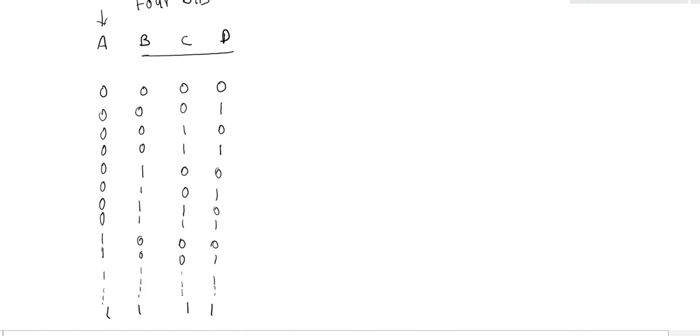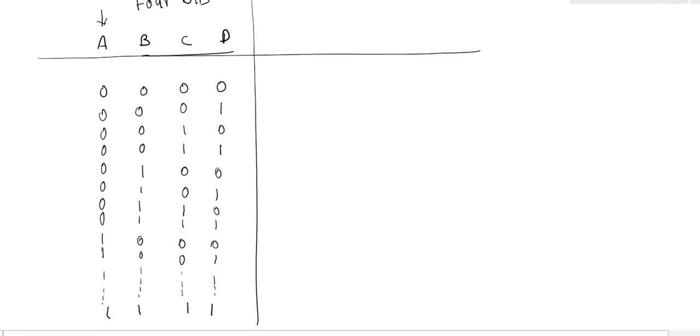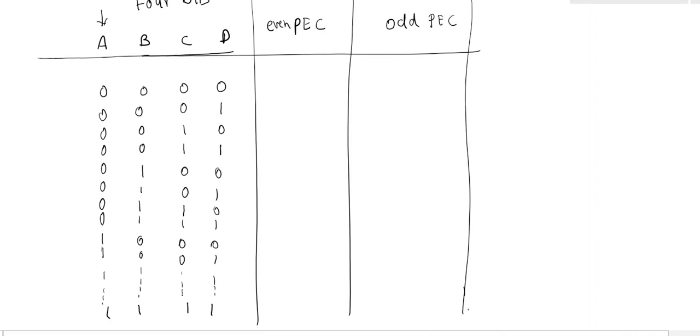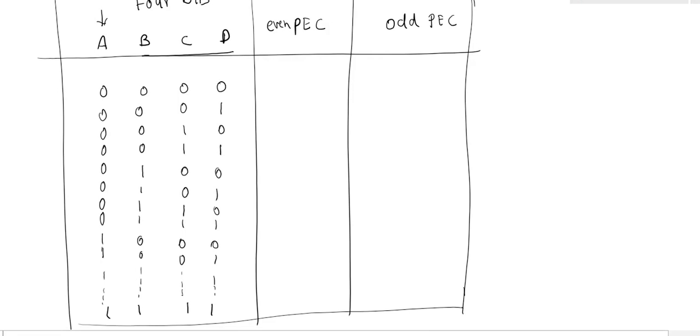Okay. Now when the data is received at the receiver side, the parity error check bit is generated by the parity error check. Odd parity error check bit is generated by the odd parity checker. Now we'll see the even parity checker first.